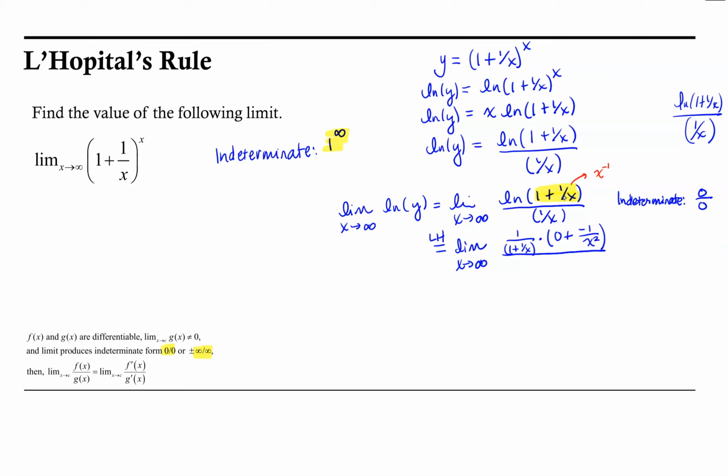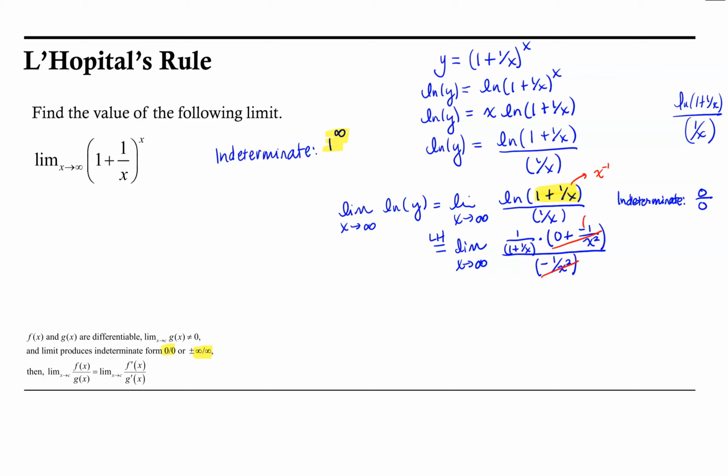And then now we need to take the derivative of our denominator. The derivative of our denominator is the derivative of basically x to the negative 1 power. And the derivative of x to the negative 1 power is negative 1 over x squared. Now we can see that we have this common factor of negative 1 over x squared in the numerator and the denominator. So those will divide out and become a 1.